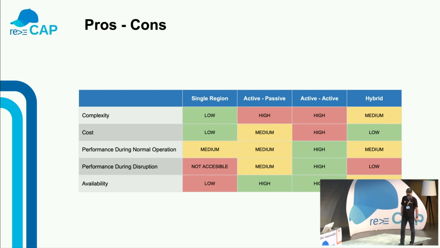We will only have some performance issues during disruption, but thinking that disruption will not last too long, we can just create this sub-account as a backup, and if we have a disruption, then we can activate this part and use it during the disruption time.